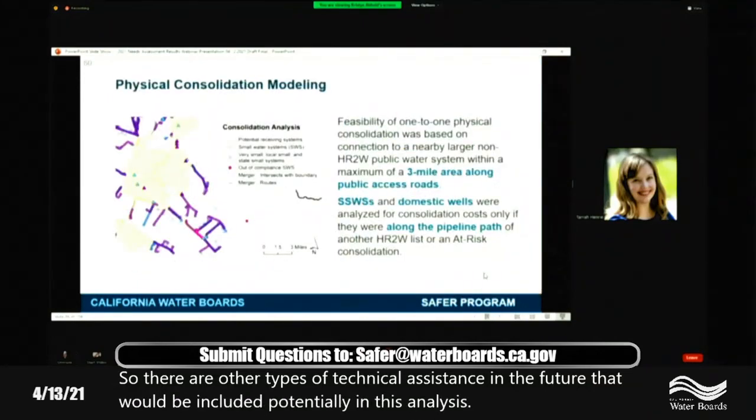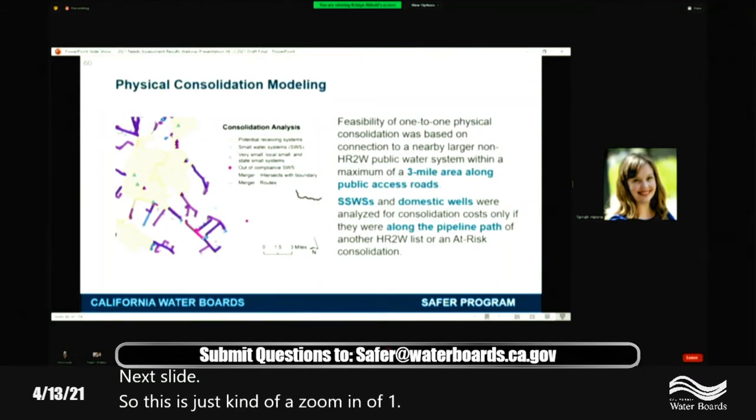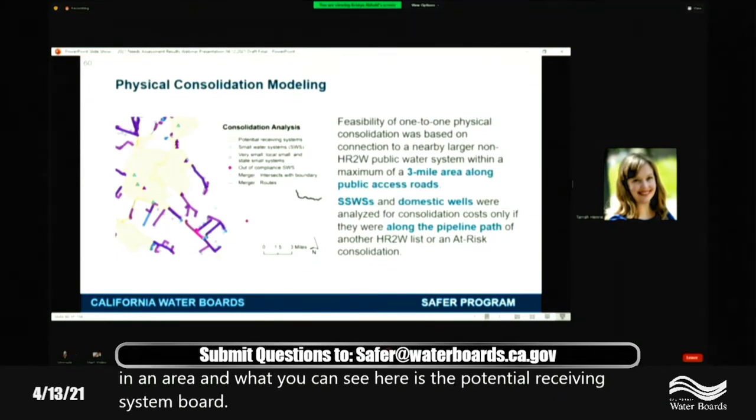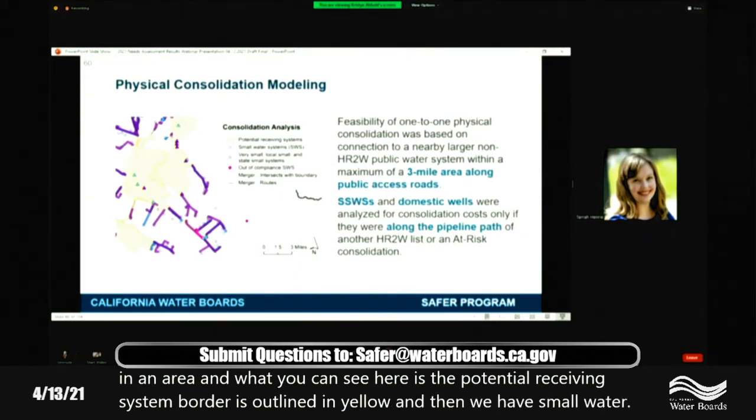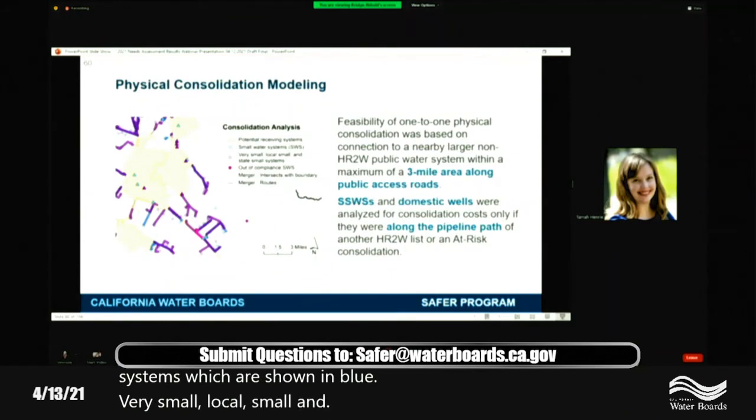Next slide. So this is just a zoom in of one physical consolidation map in an area. What you can see here is the potential receiving system border is outlined in yellow. Then we have small water systems, which are shown in blue. Very small, local small, and state small water systems are in that purplish, light purple color, lavender.